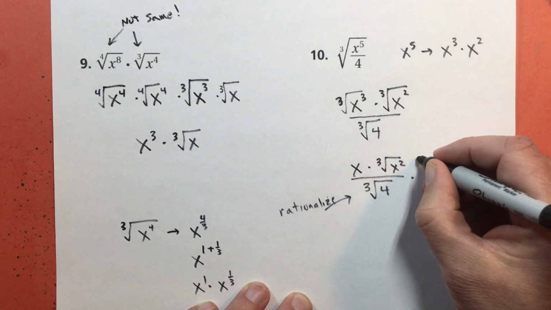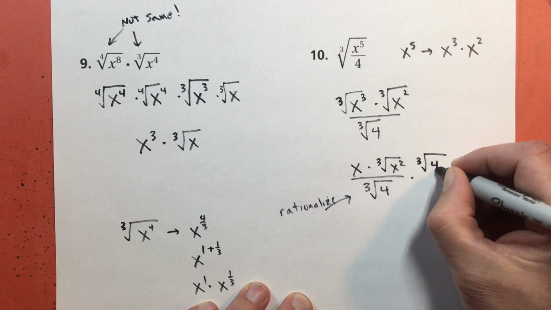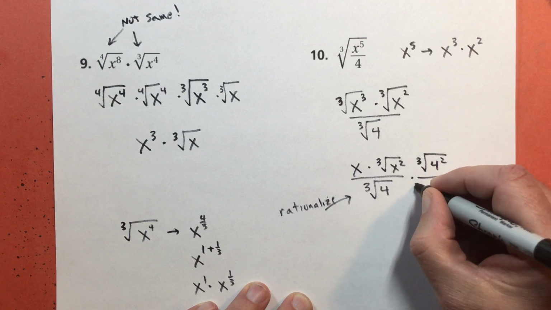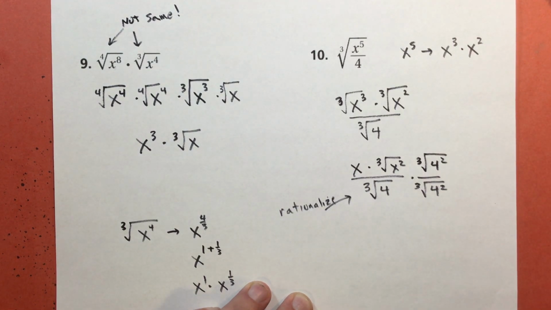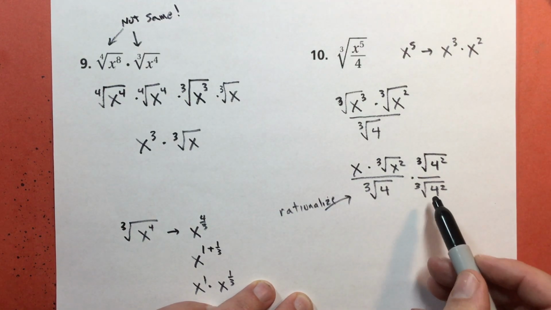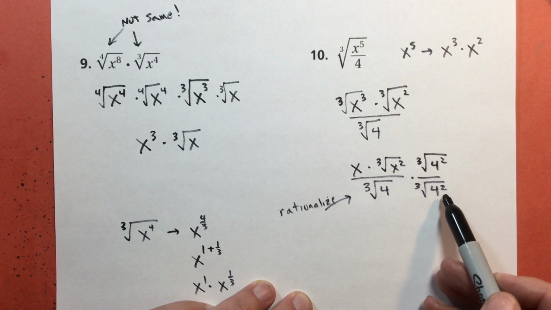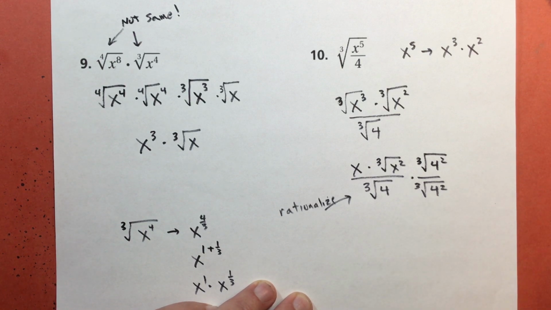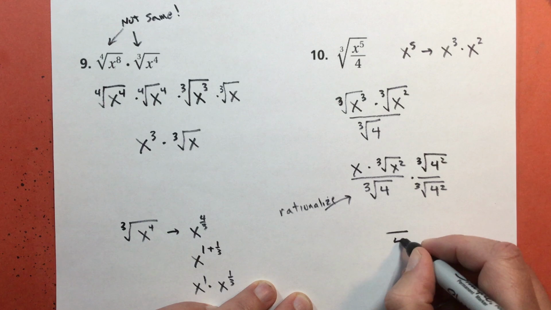So I'm going to do cube root of 4 times 4, which is 4 to the second power, and the cube root of 4 to the second power. Now in the denominator, I've got 4 times 4 times 4, 3 of them, which equals 64, but that's okay. This is just going to be the cube root of 4 to the third power, which is just 4.